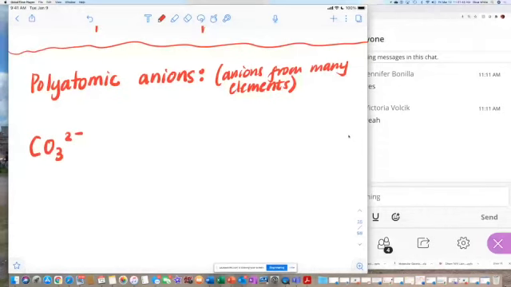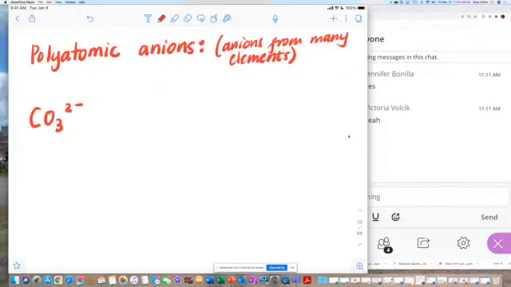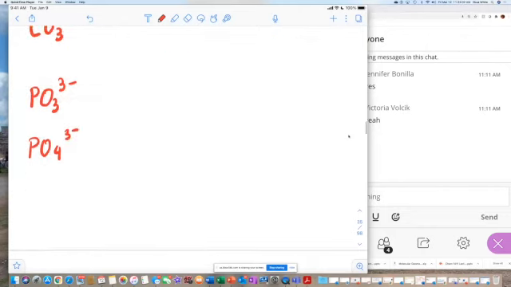With this one, you can't use the group position to figure out the symbol. So once again, in your lab, there's a page that has all of these. I'm going to pick ones from phosphorus: PO3 3 minus, PO4, it's still 3 minus. Then NO2 minus, NO3 minus.